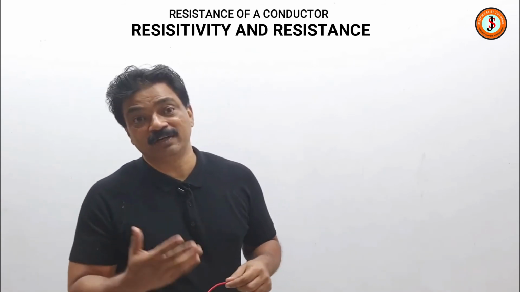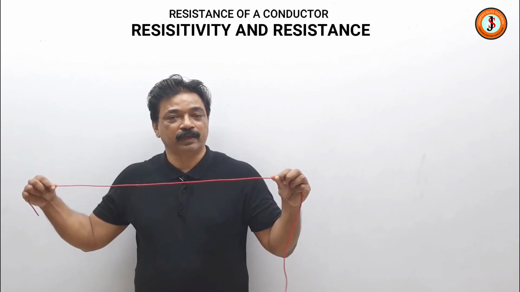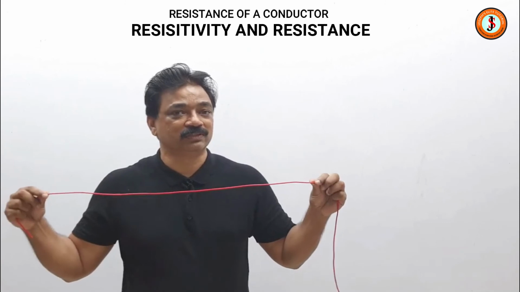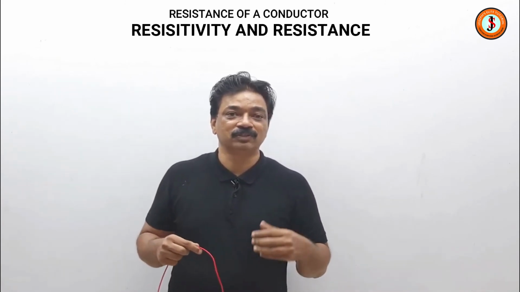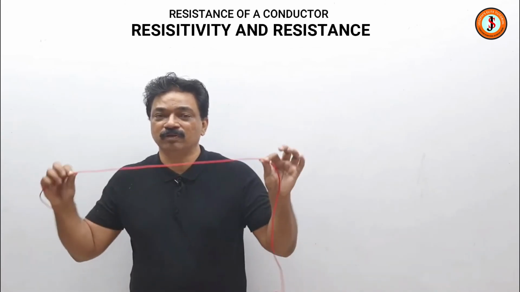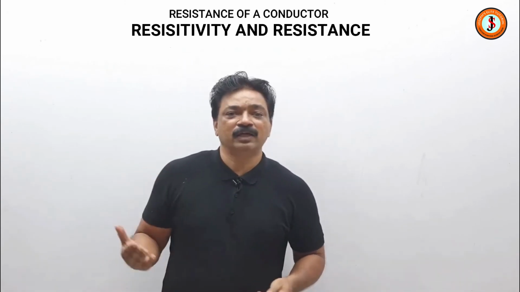That means a little difficulty in the movement of the electron from one end to the other end. And that is why a wire offers resistance to the flow of current. So resistance is something which opposes the flow of current. Resistance is the property of any conductor to oppose the flow of current, and it's very natural.